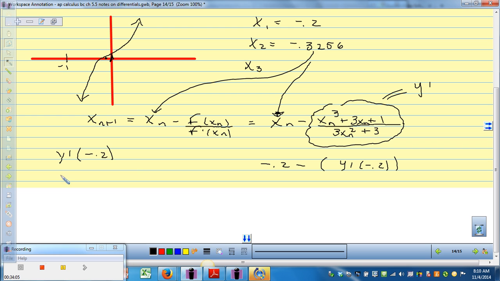And I recalculate y1 of negative 0.3256, and I will do negative 0.3256 minus y1 of negative 0.3256 to get my next x value. And once I see those x values starting to look very, very similar, negative 0.3226537, whatever, where it's not changing much anymore, then there's your approximation for your root.